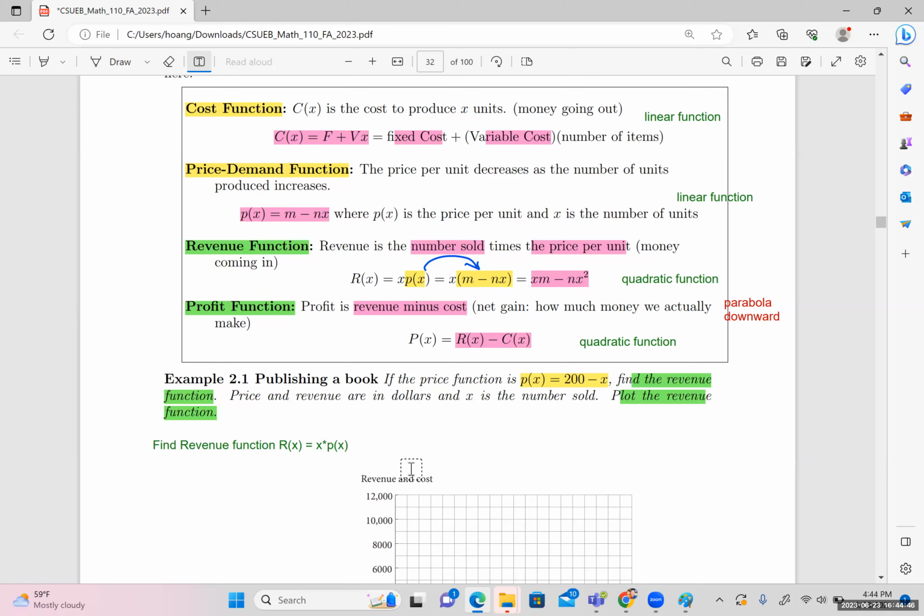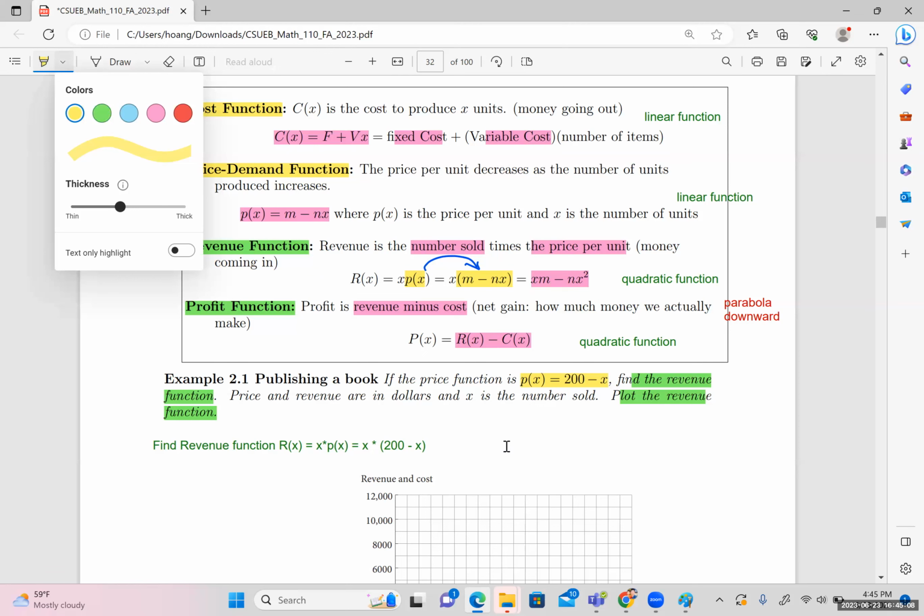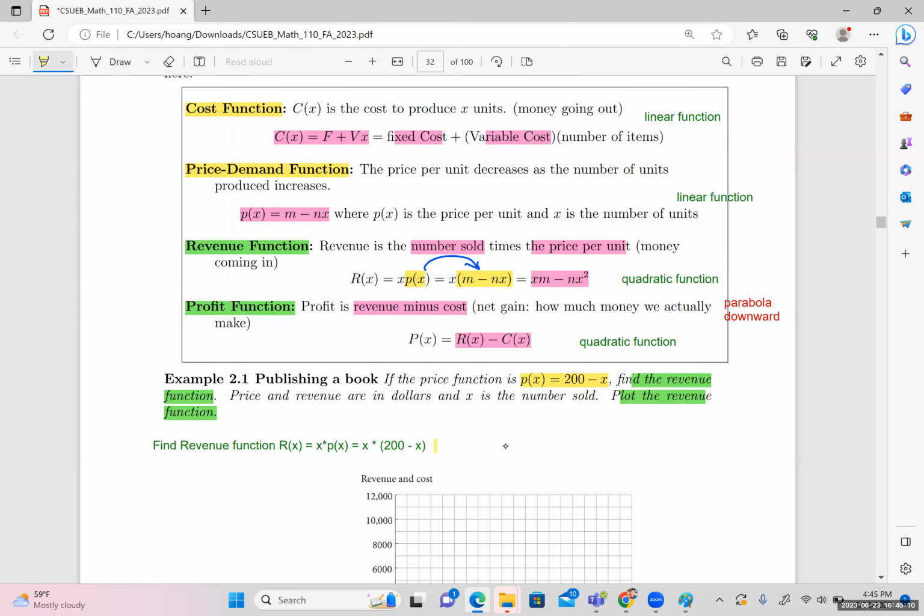So we need to know what p of x is. p of x equals 200 minus x there, right? So I just need to change that to be x times the group 200 minus x. Okay, so I want to make sure that everyone sees the 200 minus x there, right?